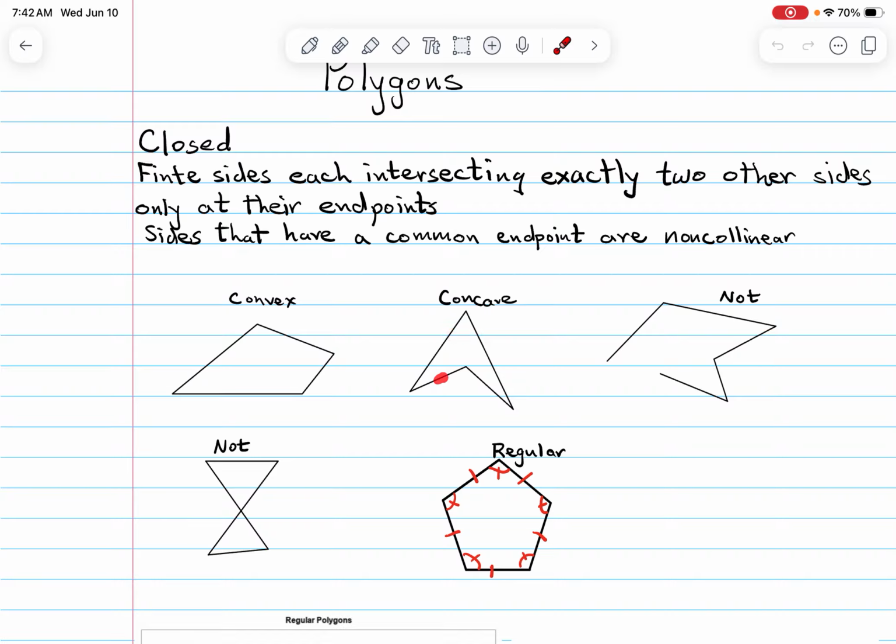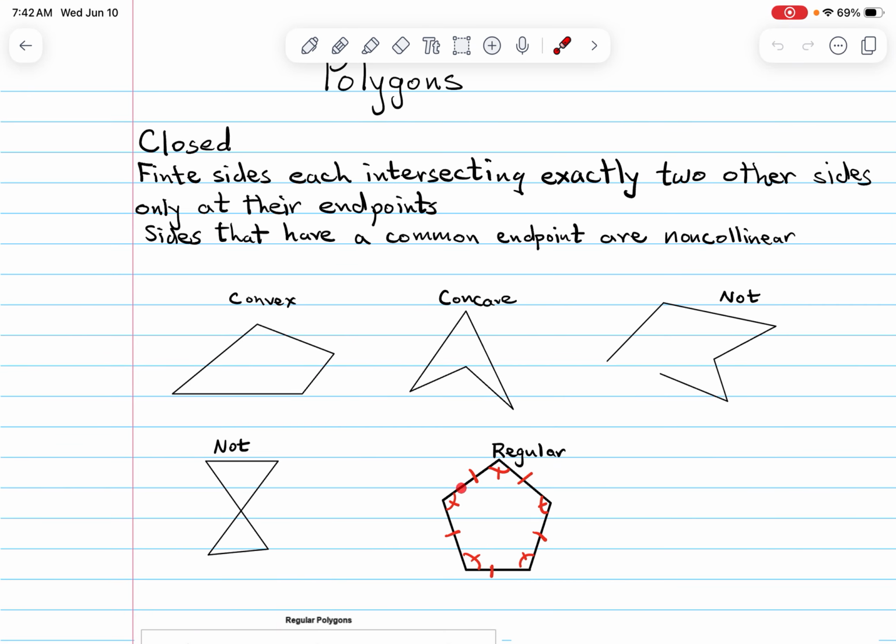However, let's suppose I'm here and I want to get to here. Well, I cover this wasteland of stuff that's not in the polygon. That makes it concave. We're going to study primarily convex polygons. Now, in the family of convex polygons, there are what we call regular polygons.